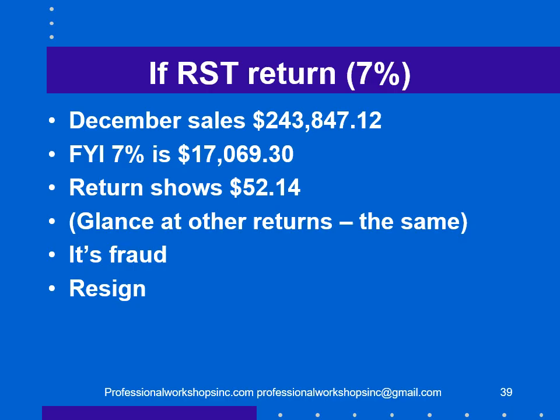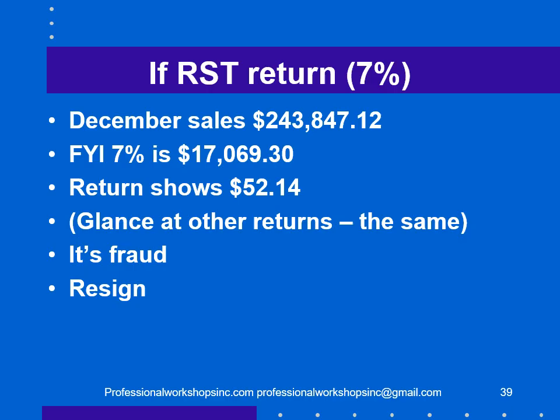You are looking at the retail sales tax return. Retail sales tax is 7%. December sales were $243,000. Off the top of your head, you should say tax should be 14,000 something. 7% is actually 17,069.30, but we've got the scale of it, 14 to 17.